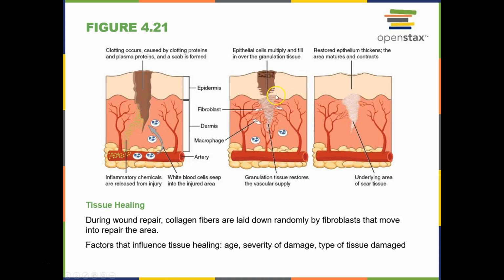But once the tissue that's deep has been repaired, then that scab is going to slowly release from the skin and peel off. And then you should have, if everything went well, normal skin with normal function. If you have scar tissue, that means that region doesn't have the same function anymore.